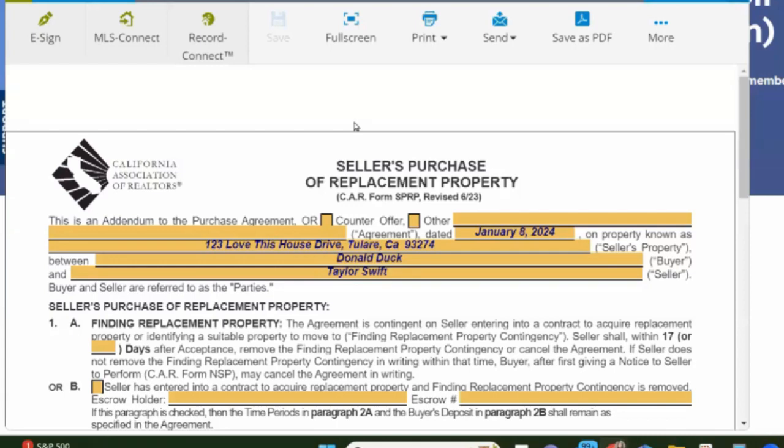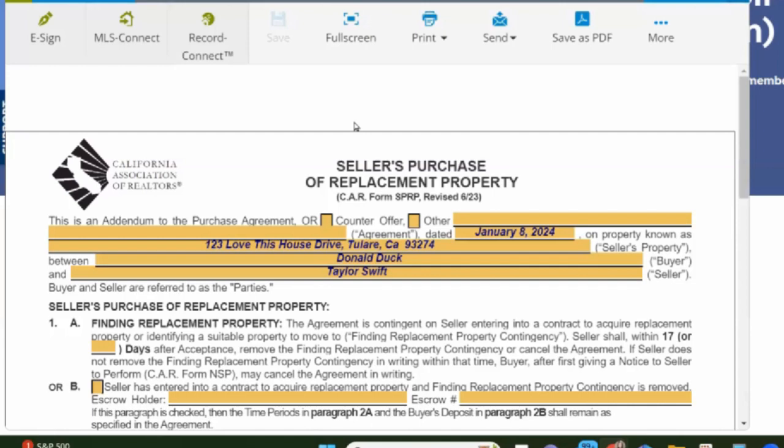But this is the seller's purchase of replacement property. So in this scenario, the seller is selling their house, but they're also buying their next house, and they're making the sale of their current house contingent upon them being able to buy their second home or their next home. And so that's where they would use this contingency.